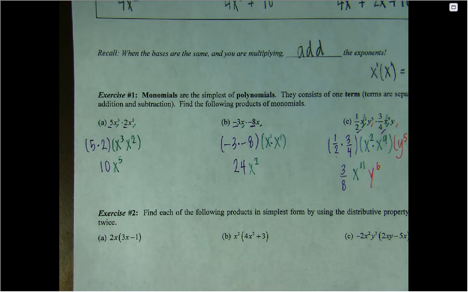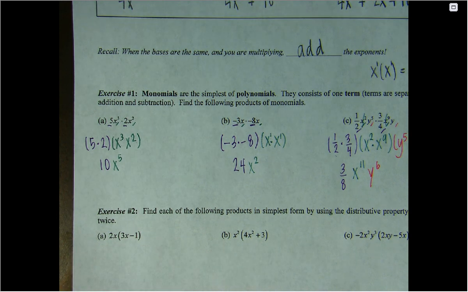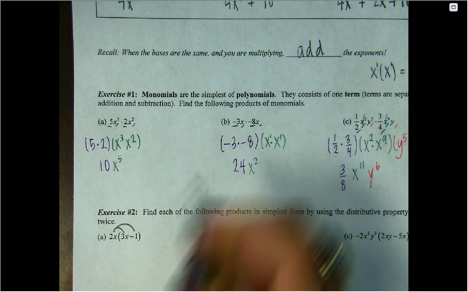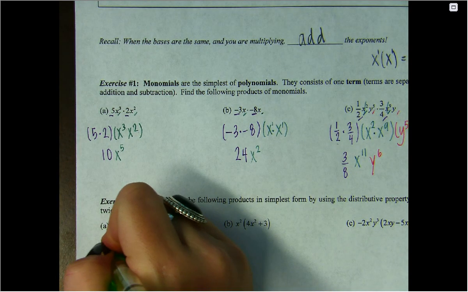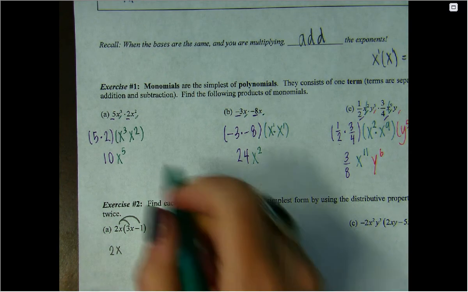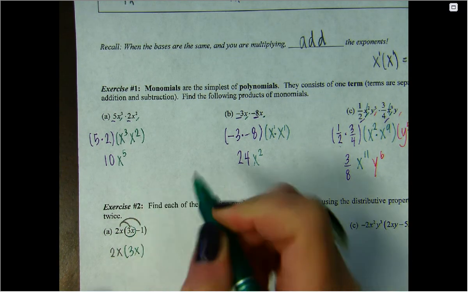Now what we're going to do is multiplication between a binomial and a monomial. This is simply distribution. So the 2x has to go into this one, and the 2x has to go into that. The first thing we're going to have is 2x times 3x.